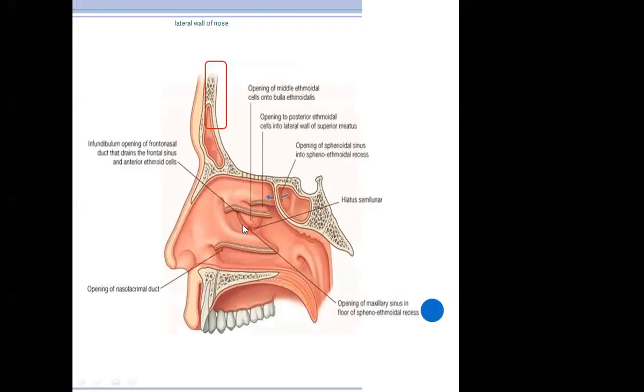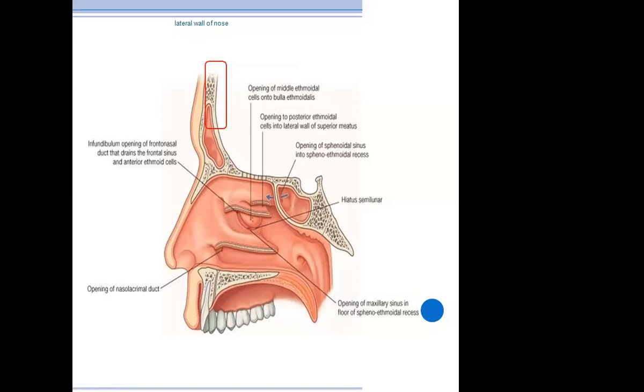So the first one is the bulla ethmoidalis. What is the bulla ethmoidalis? It is the bony elevation which projects into the middle meatus. Why does it project into the middle meatus? Below this bulla ethmoidalis are the middle ethmoidal air sinuses.